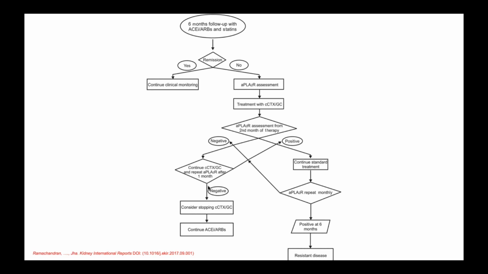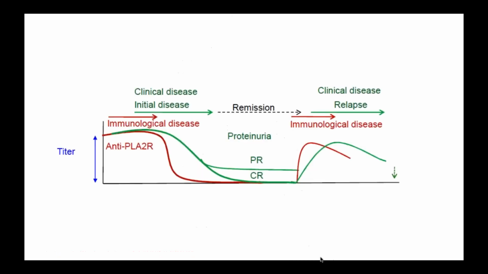And if the next antibody titer is also negative, then stop immunosuppression, but continue ACE inhibitor and angiotensin receptor blocker. On the other hand, if the patient has antibody still positive at 6 months, then the patient has a resistant disease and maybe will require a second-line therapy, which could be rituximab or some other agent.